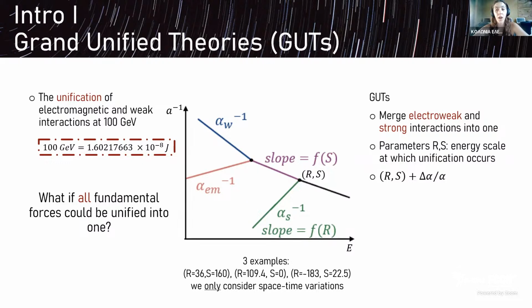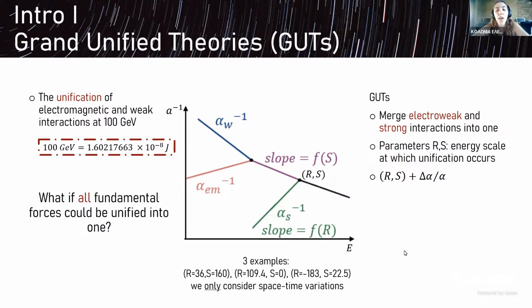They also influence the slopes of the strong line and the electroweak line, respectively. So if we combine these two models, we have three parameters: the R and S parameters, which are for the grand unified theories, and also the variation of the fine structure constant, which is induced due to us adding a scalar field to the model.